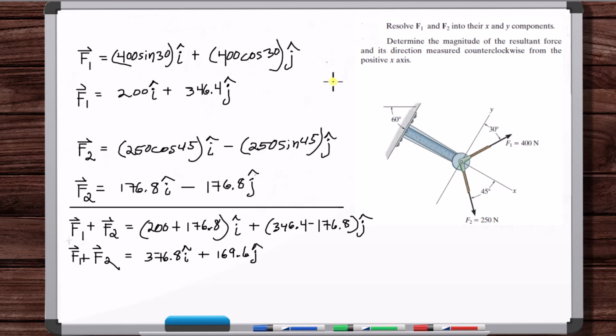Now to get the magnitude. The magnitude is just the square root of this squared plus this squared.